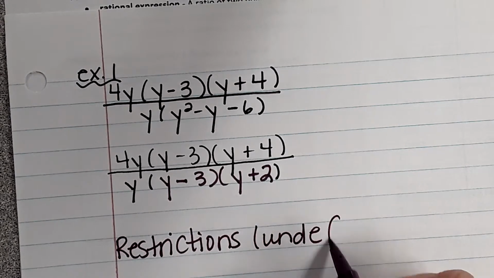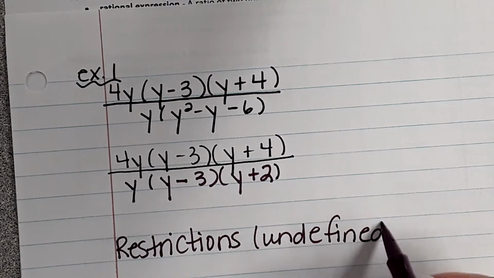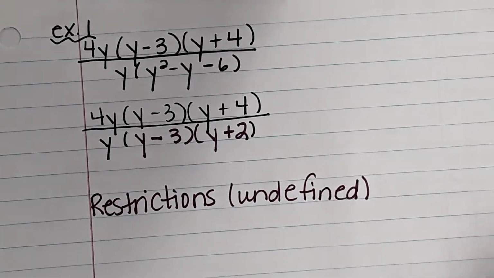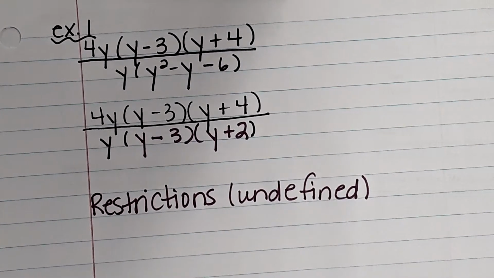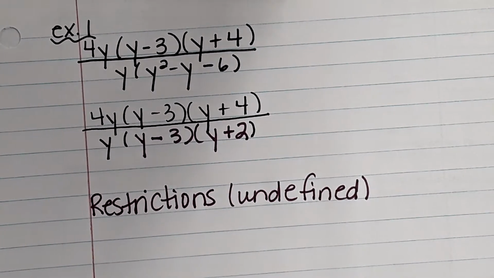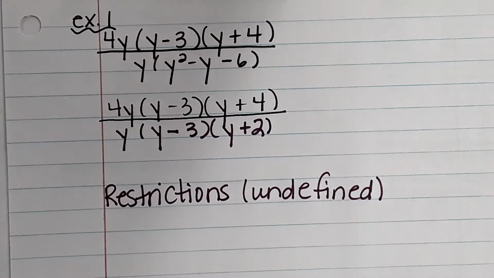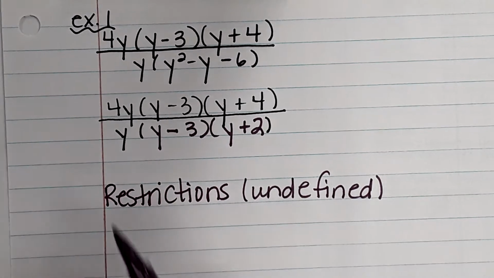Now we're going to use these restrictions later in section 8.3. Okay, so the first thing, anything you do with rational expressions is you factor it and then you list your restrictions. So my restrictions are purely based on the denominator because that's our domain. And remember, when you put your domain in, you can't get an error when you're doing it. So we're going to set that y equal to 0.